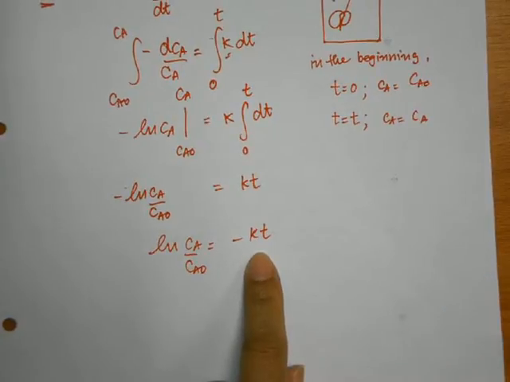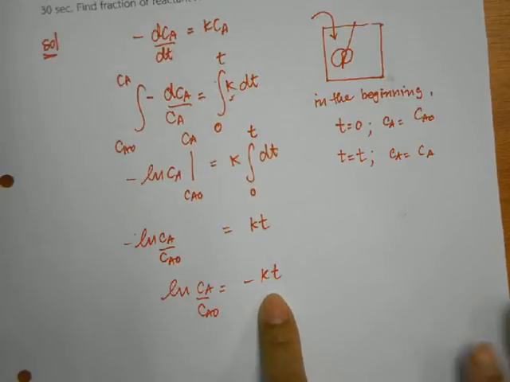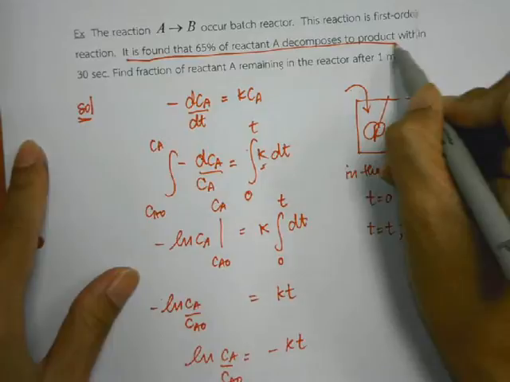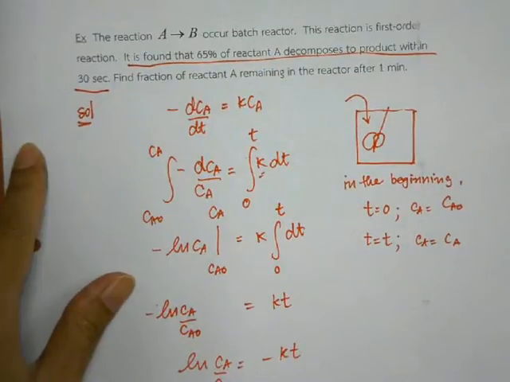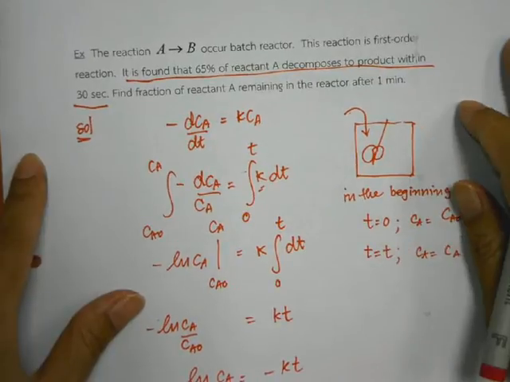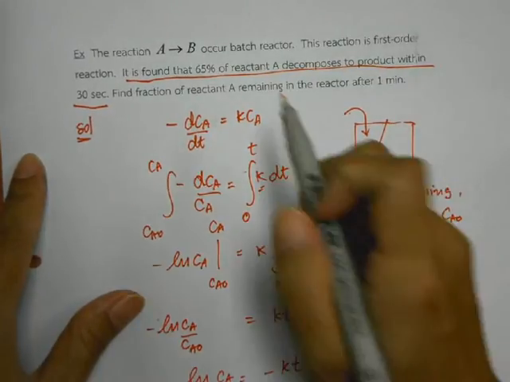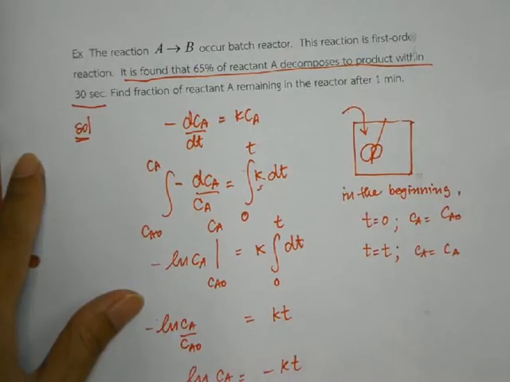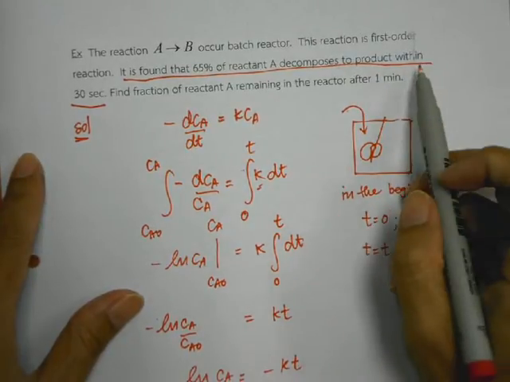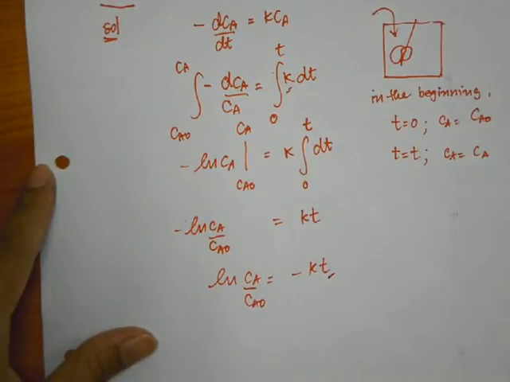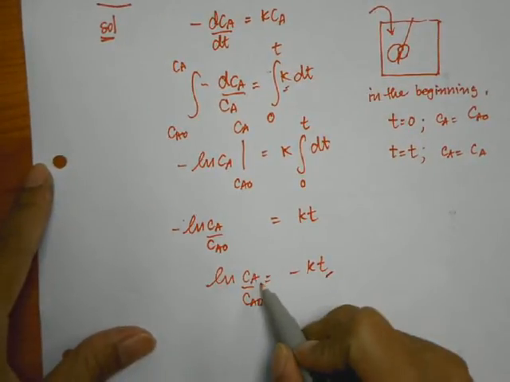But before they asking you to find the fraction, this is the main idea that the problem statement gives to you. What is the significance of this? It's saying that 65% of reactant A decomposes to produce the product within 30 seconds. You know t here. You don't know CA.